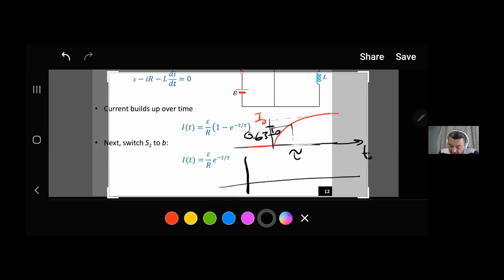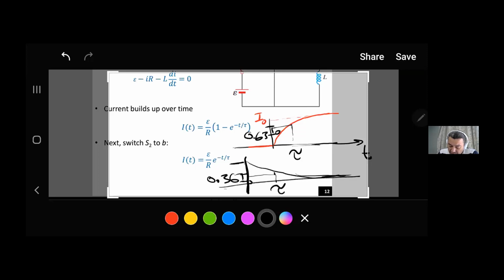If the current was at this level, it will decrease exponentially until it goes down to zero if the inductor has no other sources. Then again, after one tau, this value would be 0.36 of I naught.